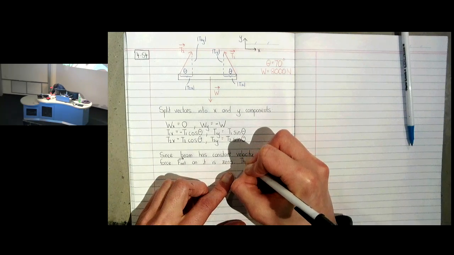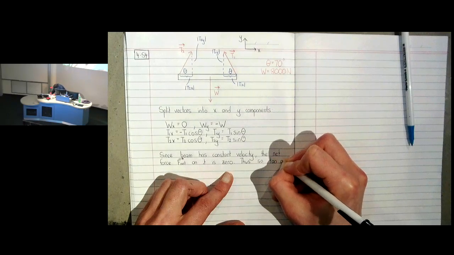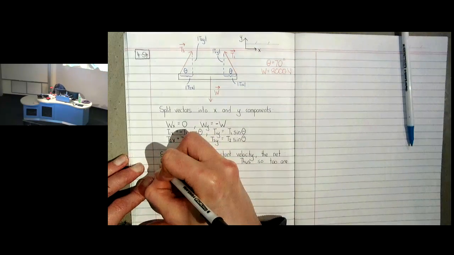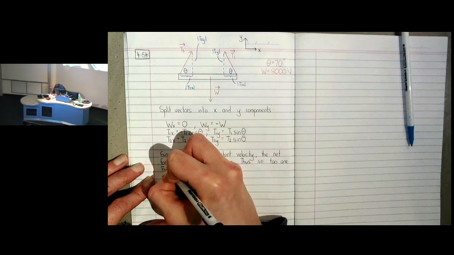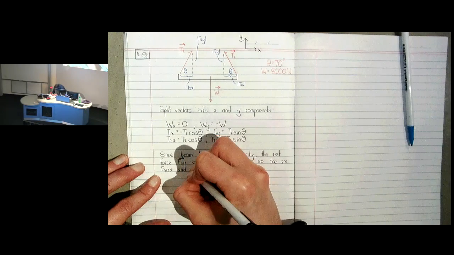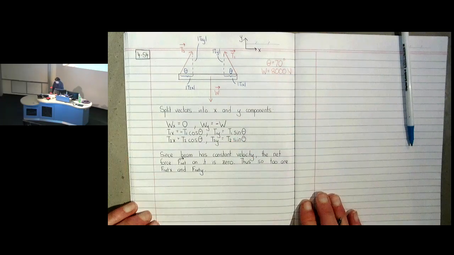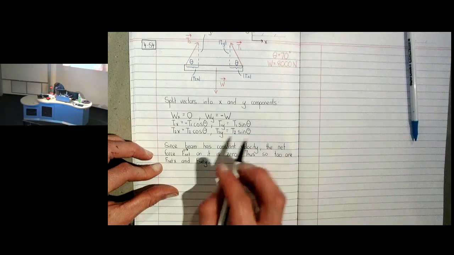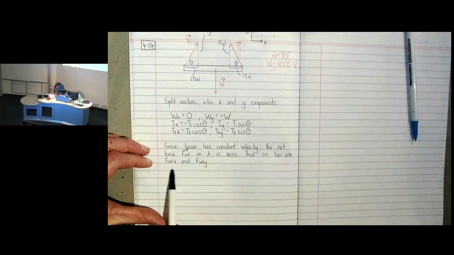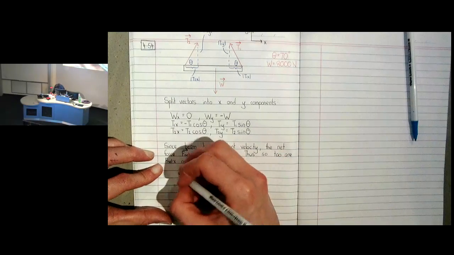Thus, so too, the x component of that net force and the y component of that net force. So if we just write down an expression for what this net force in the x direction is, that's got to be equal to 0.